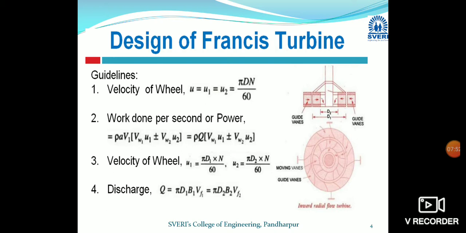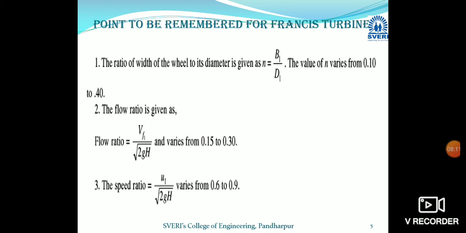So pi d1 b1 is the area, into Vf1, that is the discharge. The discharge is always the same at inlet as well as outlet, therefore it is equal to pi d2 b2 into Vf2, where Vf1 and Vf2 are the flow components at inlet and outlet respectively.